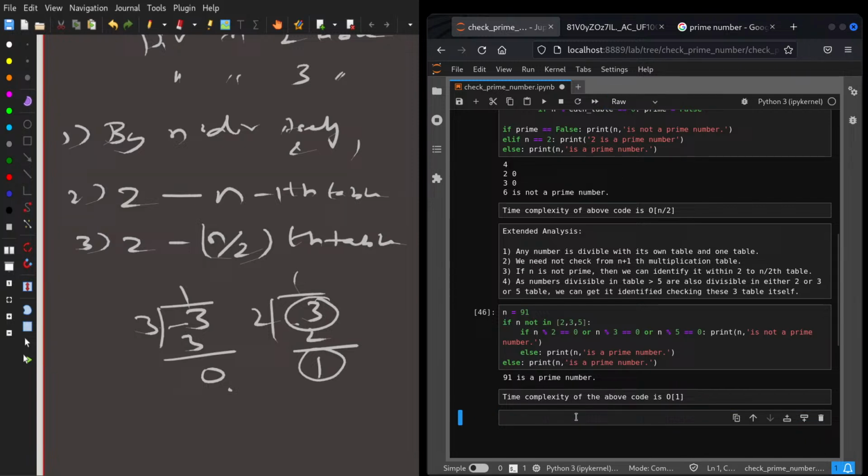Therefore, we choose our latest code as the final code because it is having minimum, or best, time complexity.